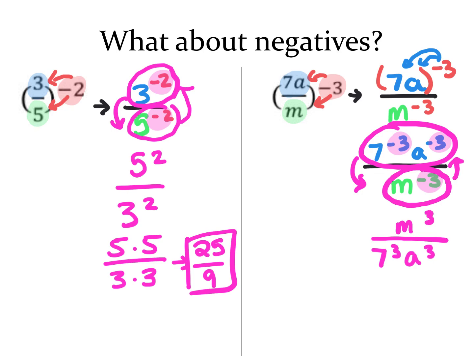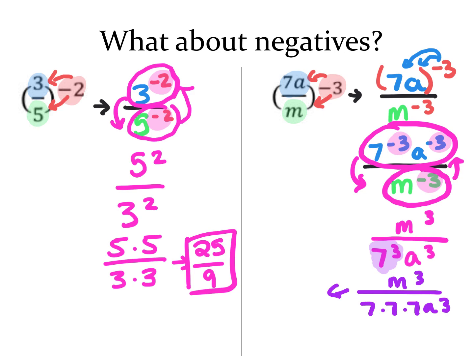Now the only thing I have to further simplify is this value of 7 to the 3rd, which I need to rewrite as a whole number. So if I rewrite this, it's m to the 3rd over 7 times 7 times 7, a to the 3rd.